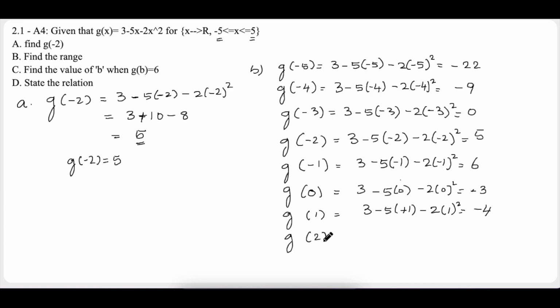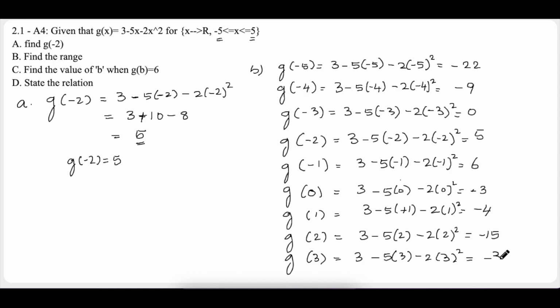g of 2 equals 3 minus 5 times 2 minus 2 times 2 squared, which equals minus 15. And g of 3 equals 3 minus 5 times 3 minus 2 times 3 squared, which equals minus 30.